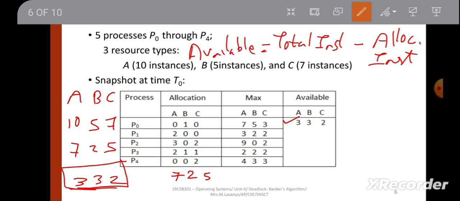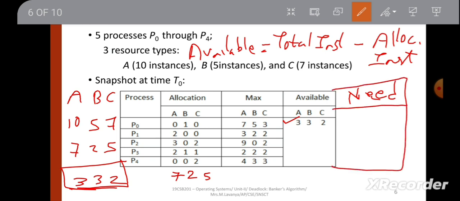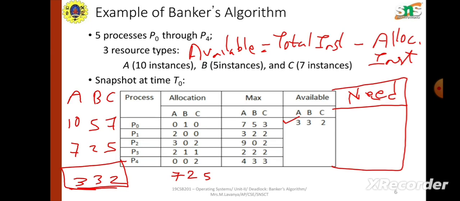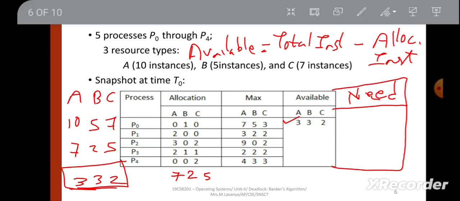After finding the available resources, the next thing we have to find is the need matrix. The formula we use for the need matrix is the maximum resource minus its allocated resource. We are using that formula here.